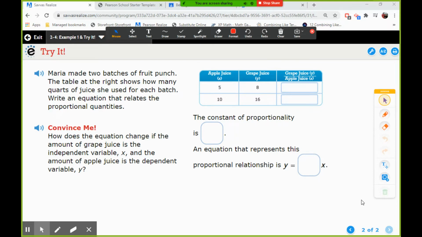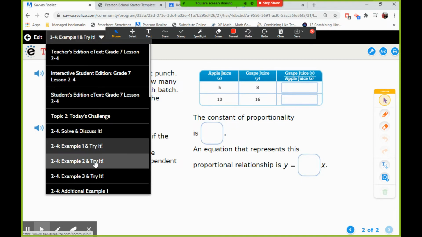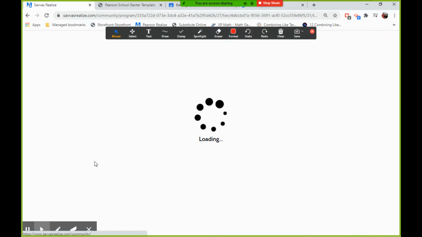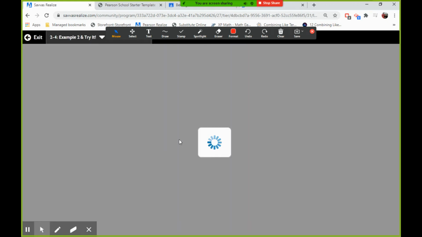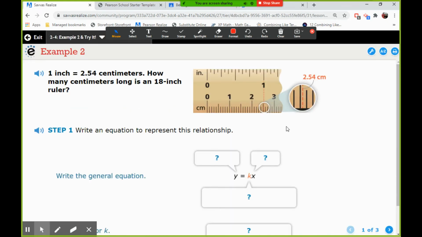Let's look at our next example here. Do we want to do 2 or do we want to do 3? Let's look at 2. It says an inch is 2.54 centimeters, which is true. How many centimeters long is an 18-inch ruler?